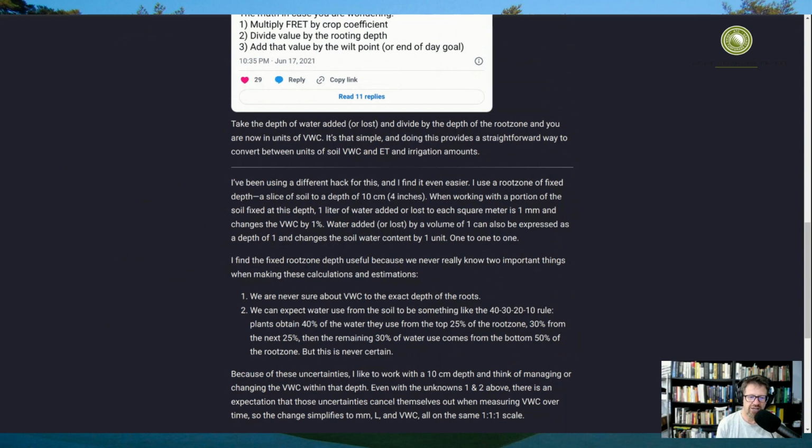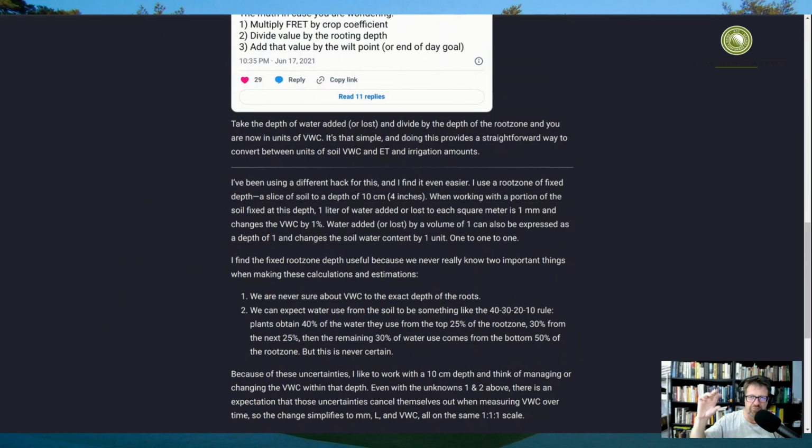There's a rule of thumb, a 40, 30, 20, 10, where if you divide a root zone of any depth into quarters, so you've got the top 25% of the root zone, then the second 25% and the third 25%, and at the very bottom, the fourth 25%.